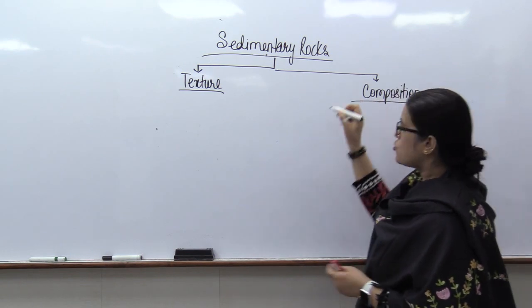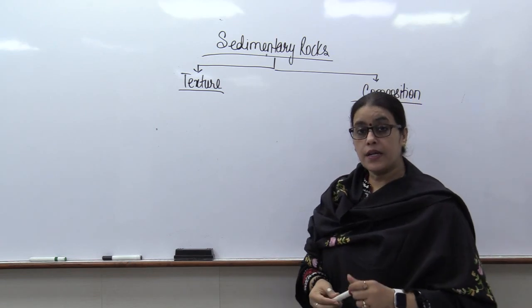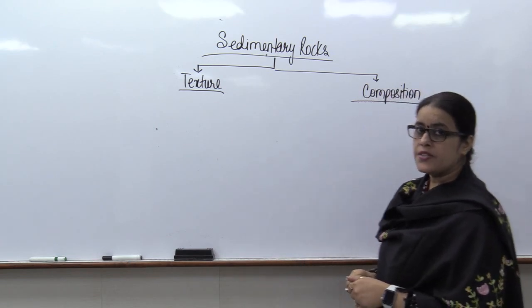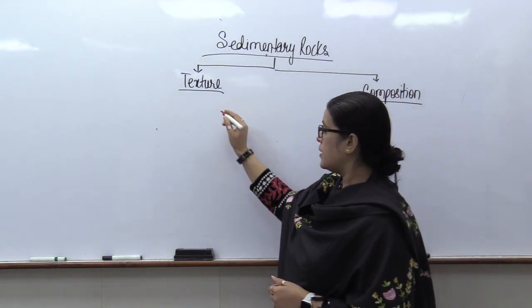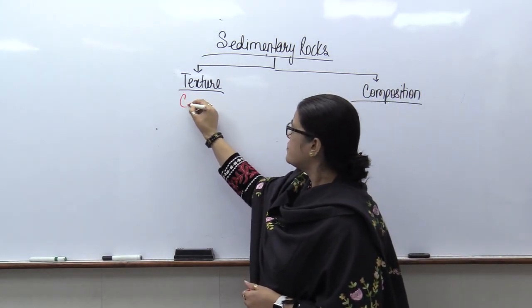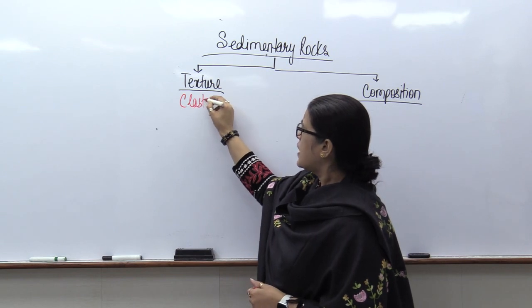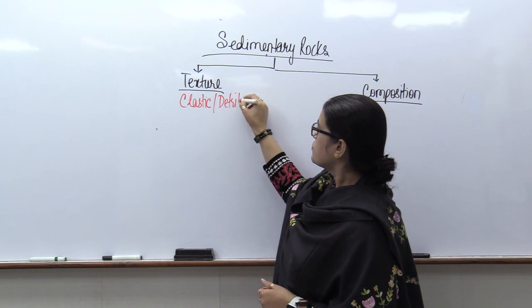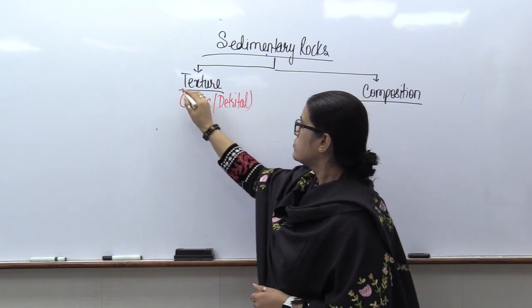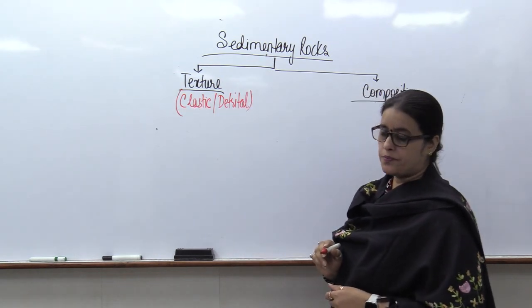When I take these two categories, I have a technical set of terminology that I can easily apply. And what are these technical set of terminology that I can apply? Texture means clastic or detrital sedimentary rocks.